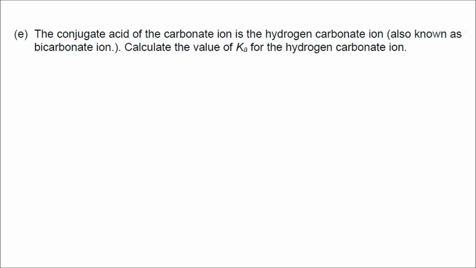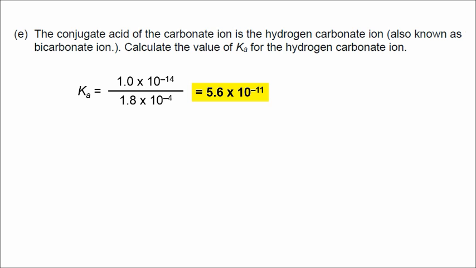In part E, the conjugate acid of the carbonate ion is hydrogen carbonate. Therefore, we can go from Kb to Ka by simply doing 10 to the negative 14 divided by the Kb, which gives us a Ka value of 5.6 times 10 to the negative 11.